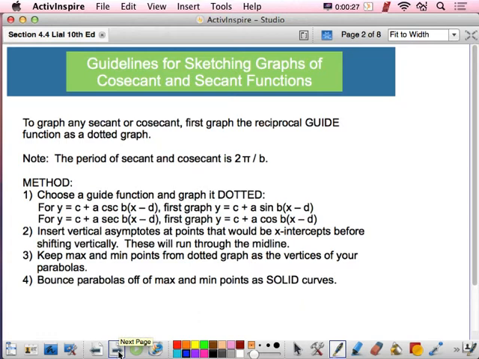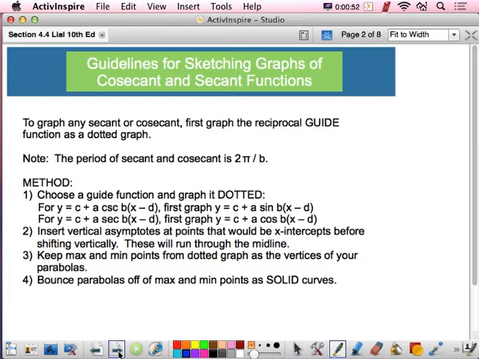So here's the deal. To graph any secant or cosecant, you are first going to graph the reciprocal guide function as a dotted graph. Now note that the period of secant and cosecant is 2 pi over b. The only two that are not 2 pi over b are tangent and cotangent. Choose a guide function and graph it dotted.